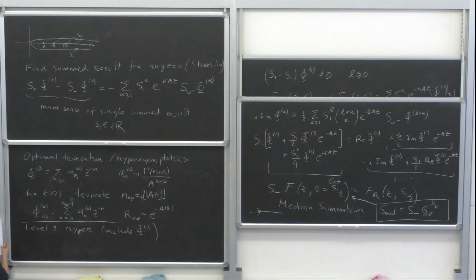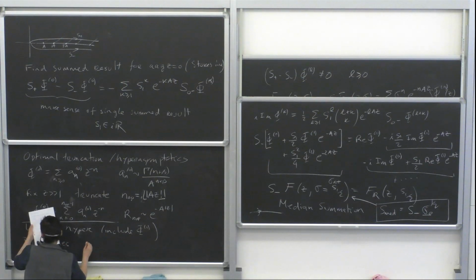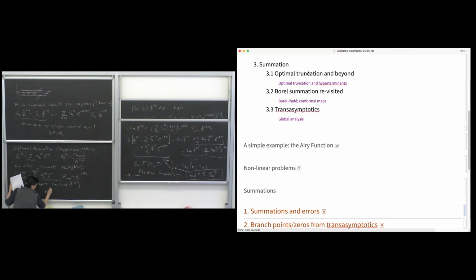So then, in fact, from the perturbative series, what you need to include is n, this means perturbative asymptotics, and then level 1 is 2 times n, so you're now including 2 terms.